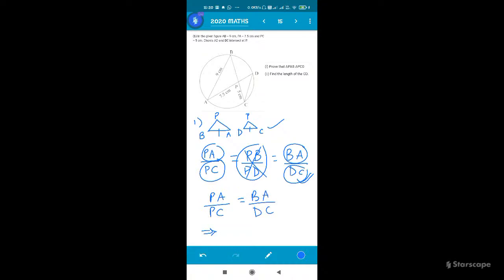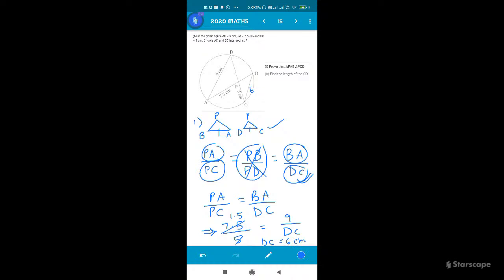Our PA is given as 7.5, PC is given as 5, BA is given as 9. So we have to find DC. Very simple, you can just cancel it with 5. So 1.5 you're getting. So the value of DC comes up to 6 centimeters. If you solve it, you're going to get 6 centimeters as DC.